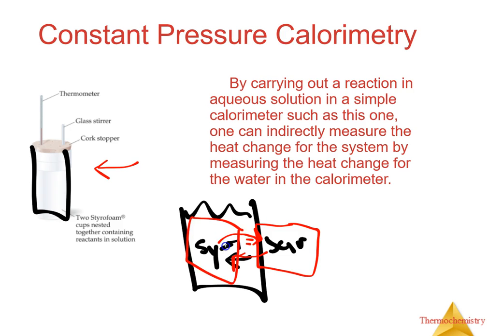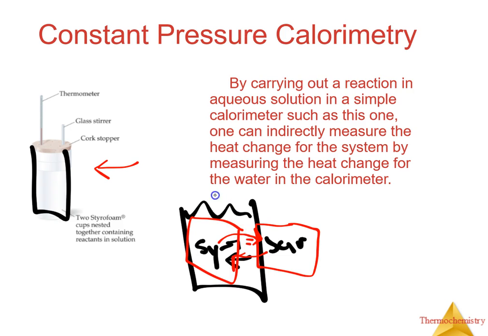Because it's pretty impossible for me to measure the actual energy given off when something dissolves. I don't have any probe that will look at the solid and measure the heat when it's given off. But I can easily measure the change in the temperature of the water, and I know they have to be equal due to the first law of thermodynamics.